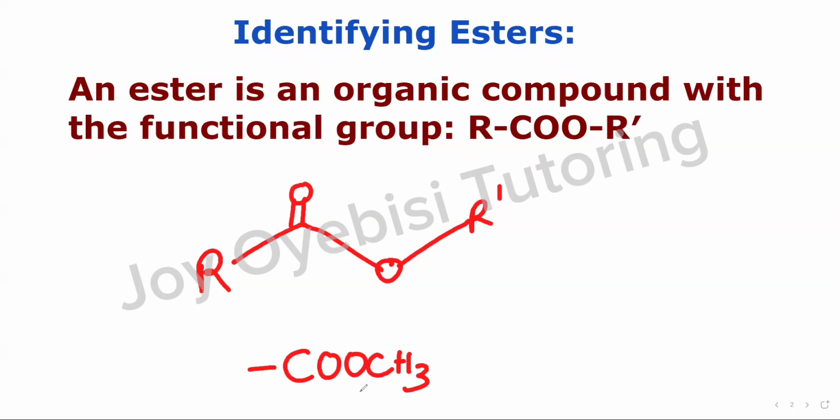So that's how you identify an ester. It's either in a structural form like this one as well. Remember, R just means a carbon chain. So once you have a compound like that, you know you're dealing with an ester.